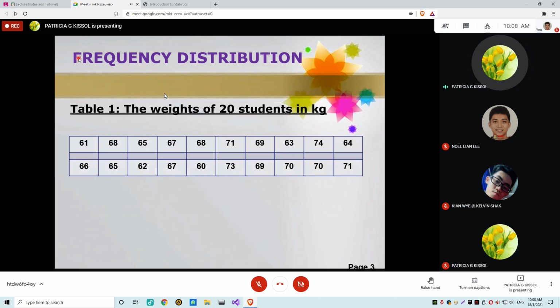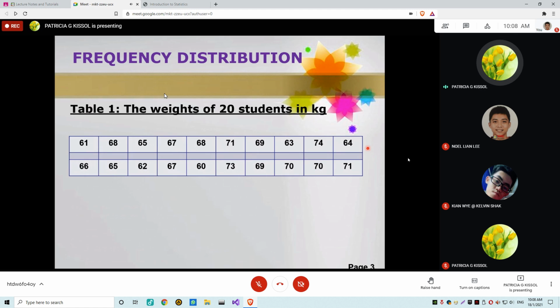Okay, so this is one example of a frequency distribution. This is table 1. It's about the weights of 20 students in kilograms. So you can see all the data are collected, only 20 students, and all these are showing how much they weigh. If you just look at this table 1 at a glance, it's very difficult for us to make any conclusion from it.